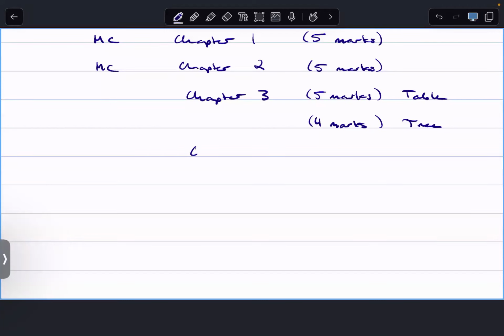chapter 4. We didn't do all of chapter 4. I'm going to focus on the z-scores and the binomial, but I am going to break up chapter 4 into those 2 parts. And so for 5 marks, you've got the z-score questions. Something follows a normal distribution.